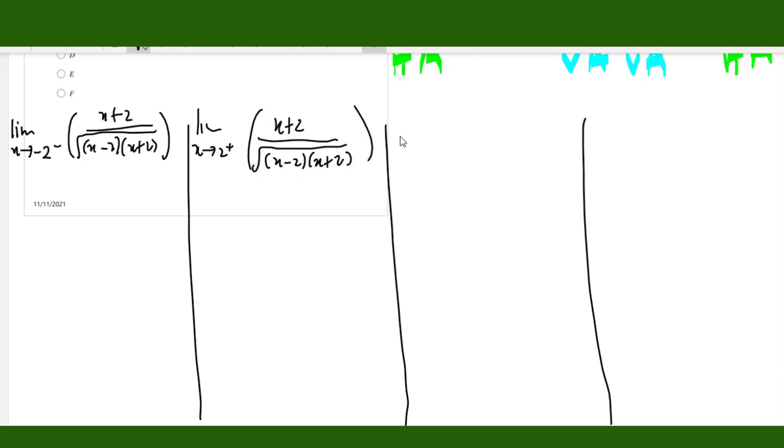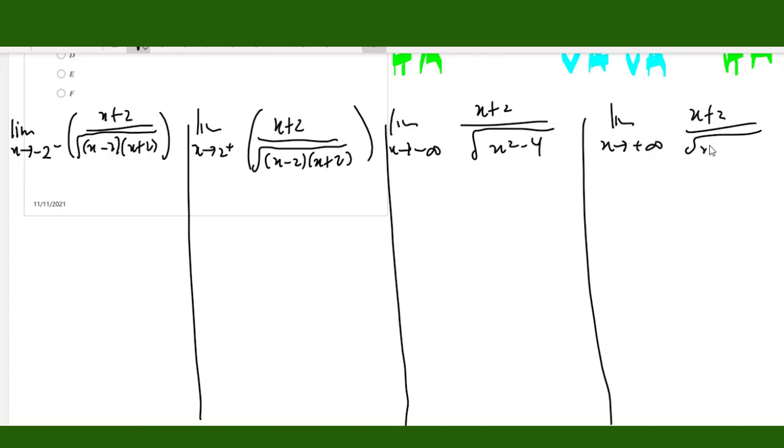Then the limit as x tends to negative infinity, same function, and the limit as x tends to positive infinity of (x plus 2) over the square root of x squared minus 4. Okay, substitute directly. Negative 2 plus 2 over the square root of (negative 2 minus 2)(negative 2 plus 2). Then here is 0 over negative 4, 0.